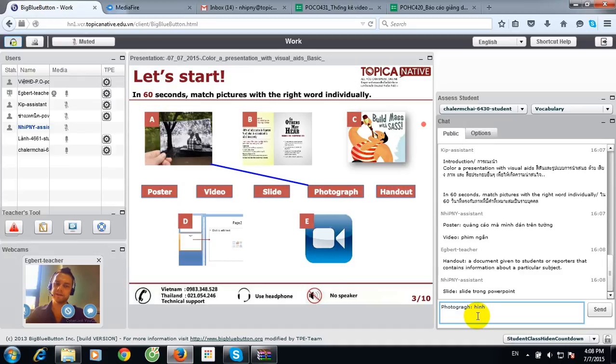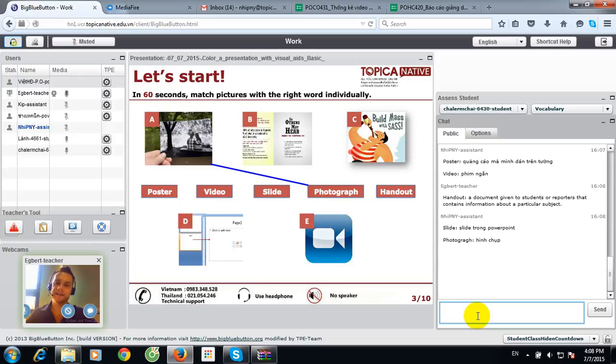Yes. Do you understand the word handout? Yes, I understand. Thank you, teacher. My pleasure. And indeed, so you said poster goes with picture C. Very good. And can you make a sentence using poster?